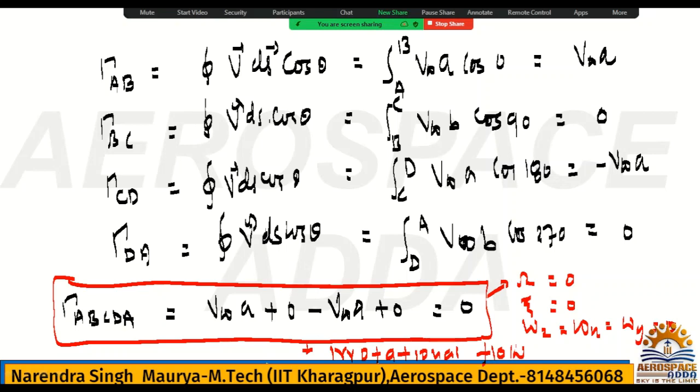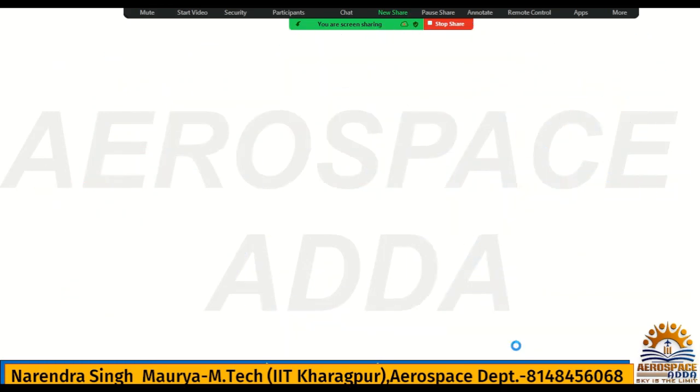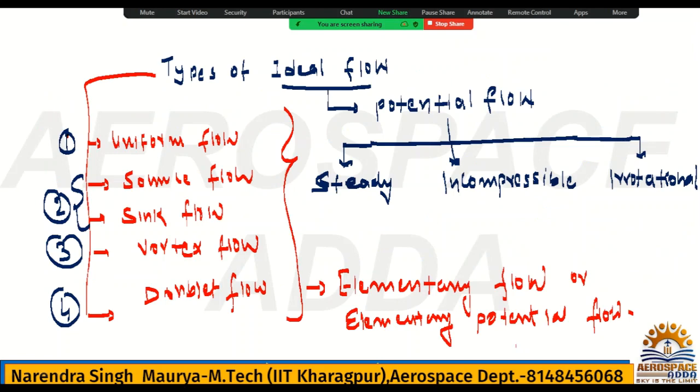Understood? And if you check there, in the starting, with this uniform flow, what did you consider? You considered ideal flow, and for ideal flow, what was the third assumption? Irrotational. Already you have considered ideal flow, and you are talking about types of ideal flow like uniform flow, source, sink.